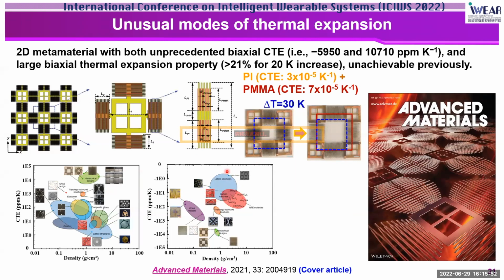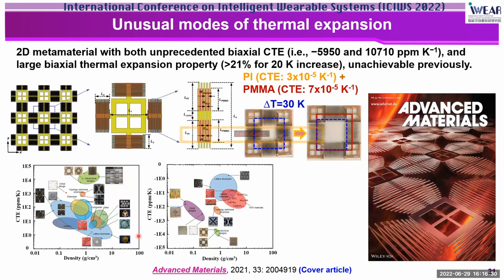So as you can see here, at large filling ratios of over 50%, these systems offer unprecedented negative and positive biaxial CTE from minus 6K ppm per Kelvin to 10K ppm per Kelvin. And these materials also show very large levels of biaxial thermal expansion, which is over 21% for a 20 Kelvin temperature increase. And this is unachievable previously.